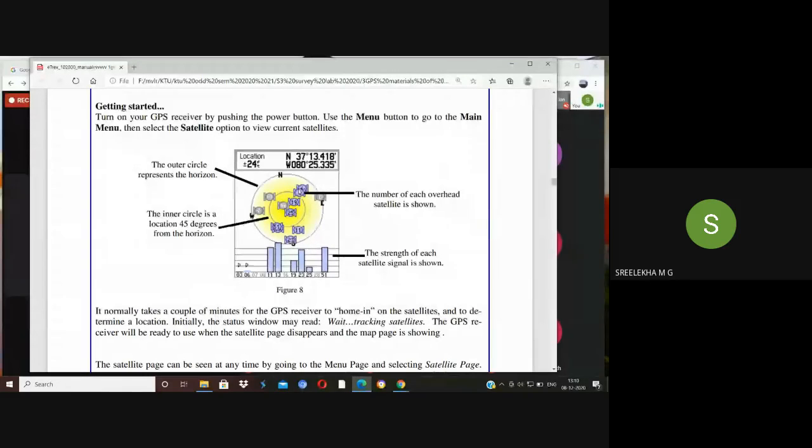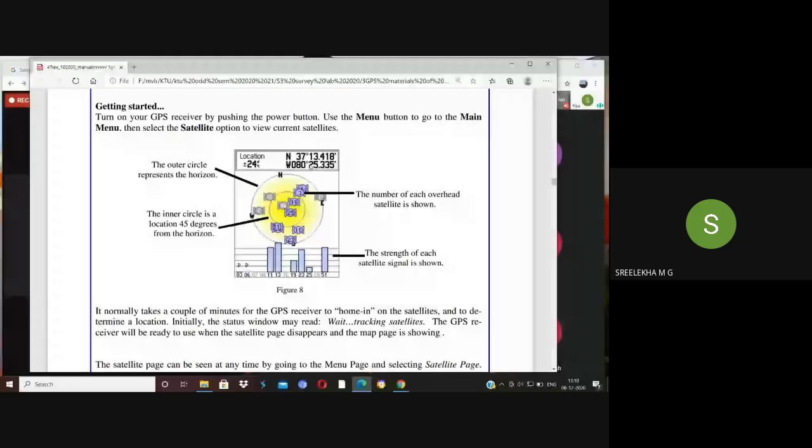Okay, so the number of satellites that are visible is shown here, and here the accuracy is shown, plus or minus 24. That is the accuracy. As well, on the top right corner, we can see some latitude and longitude values. This is the north, west, like that.